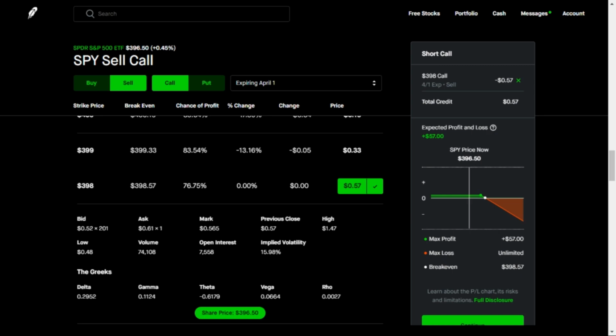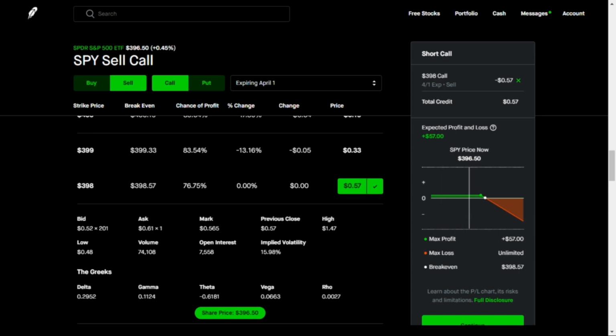Whoever exercises that contract, they get to buy each share at 398 and they get to experience that $500 share appreciation. You're not actually losing that though as a seller. Yeah, you sold out, and you don't experience that share appreciation that the buyer has, but it's not a loss.